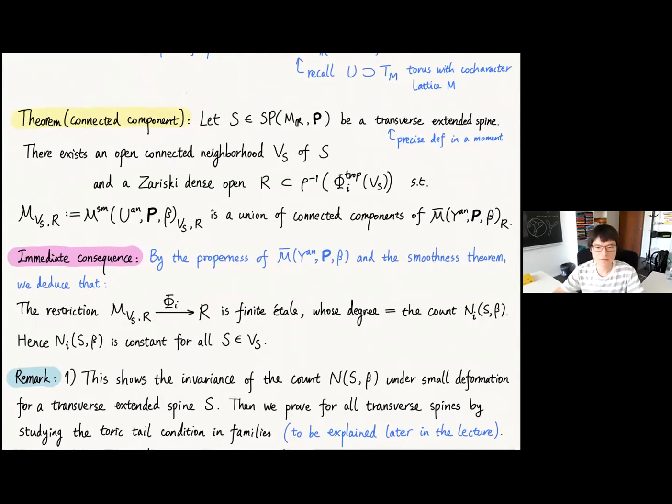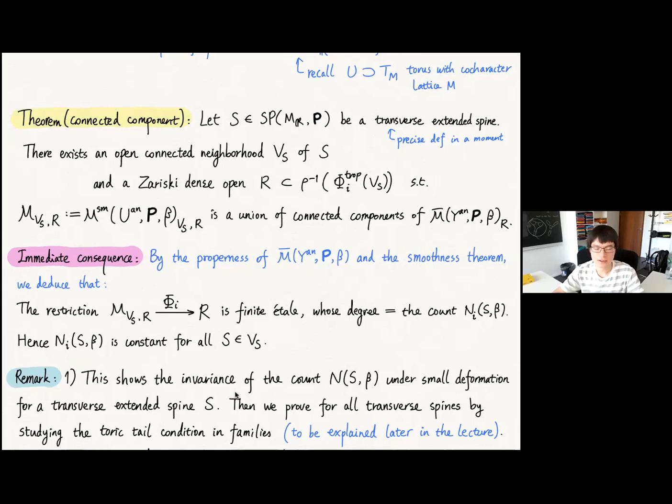So let me give a few remarks for this connected component theorem. First, this shows the invariance of the count NS beta under small deformation for a transverse extended span. So here we have some i, but as we explained in the last lecture, by the symmetry theorem, the place where we evaluate has no importance at all.